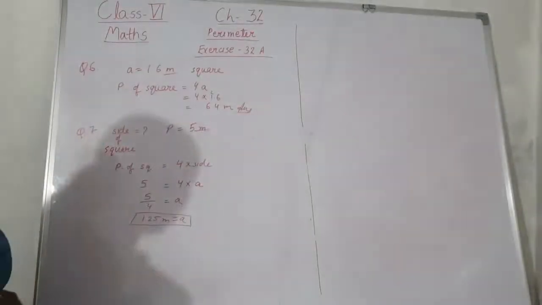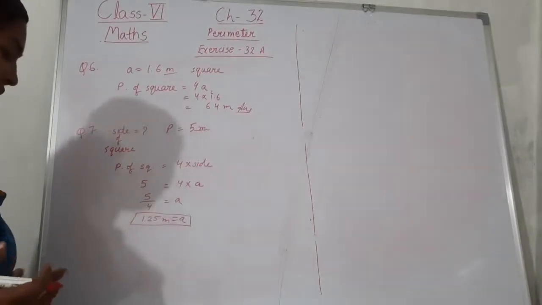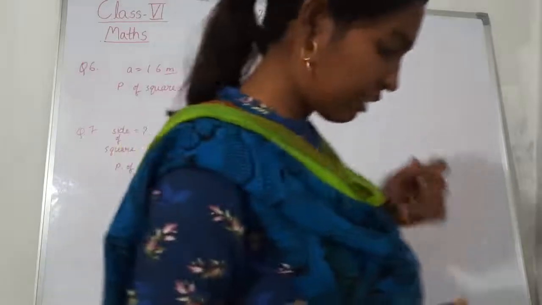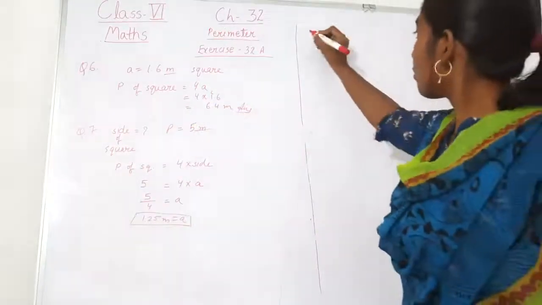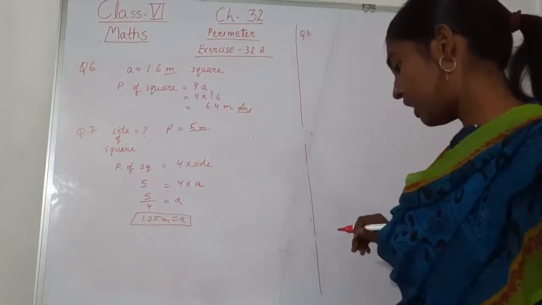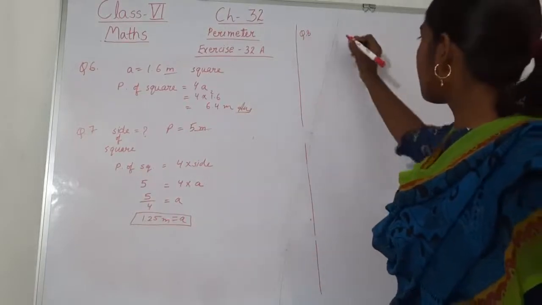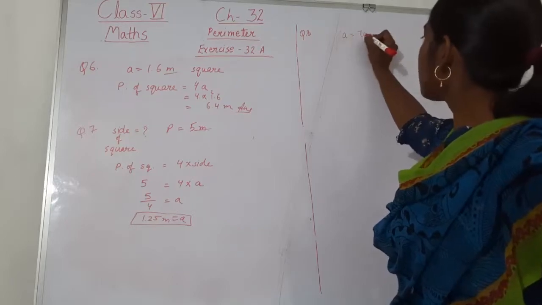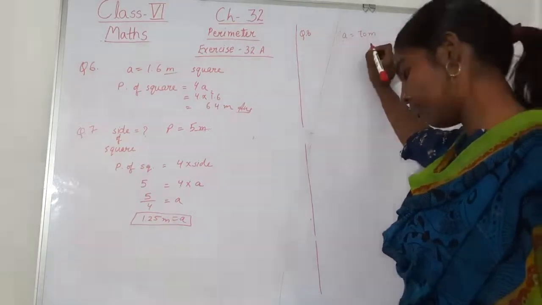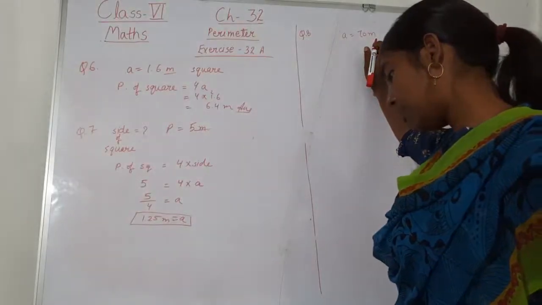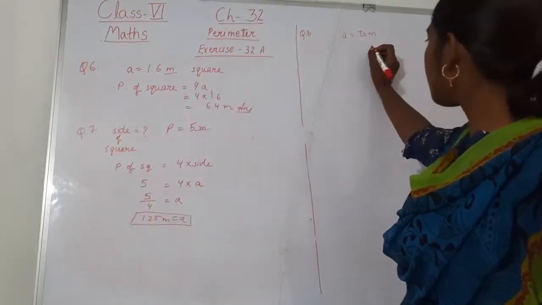Now question number 8. A square field has each side 70 meter. Okay, let us note this down. Question number 8. A square field has each side 70 meter. Whereas a rectangular field has length 50 meter and breadth 40 meter.